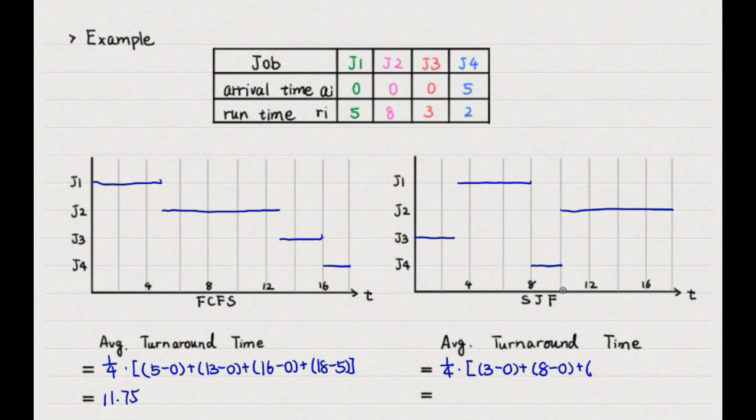J4 completes at time 10 and arrives at time 5, so 10 minus 5. J2 completes at time 18 and arrives at time 0, so 18 minus 0. That gives 8.5.